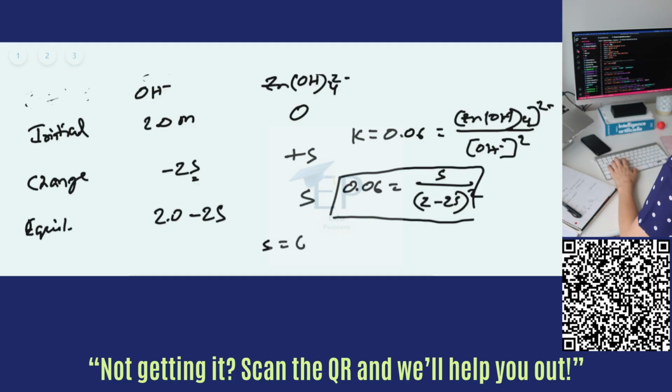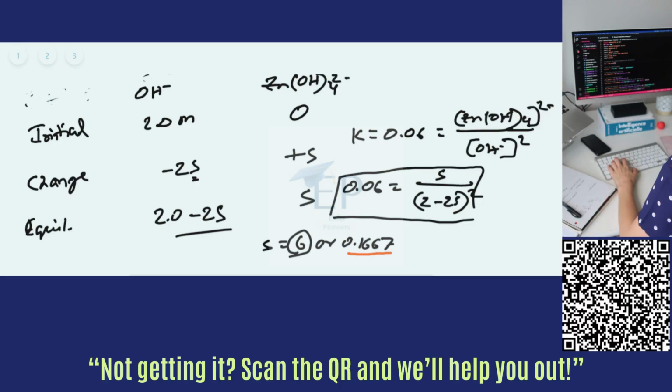One is 6 or 0.1667. So apparently the first value is not possible if we try to plug it in here. So our possible value here is this one. So that is the solubility of zinc hydroxide in the sodium hydroxide solution.